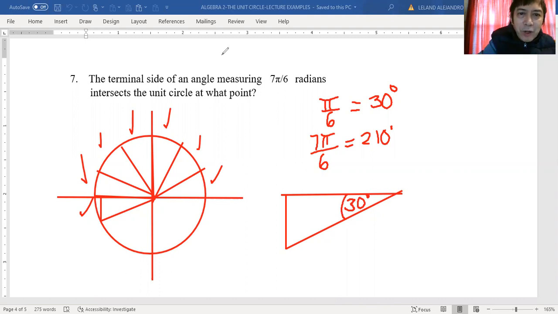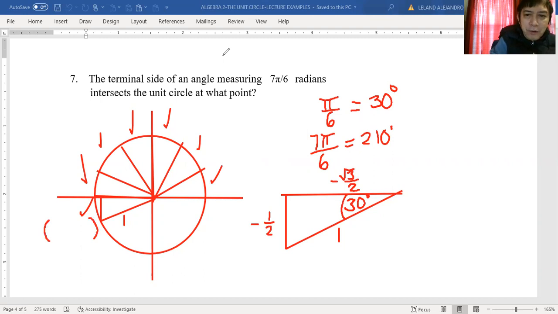This is 1 unit in the diagram, which means the radius is 1 unit. What are our x and y here? The x and y will be both negative. Our x is square root of 3 over 2, negative, and our y is 1/2, which is also negative. And so our point will be, of course, the point here.